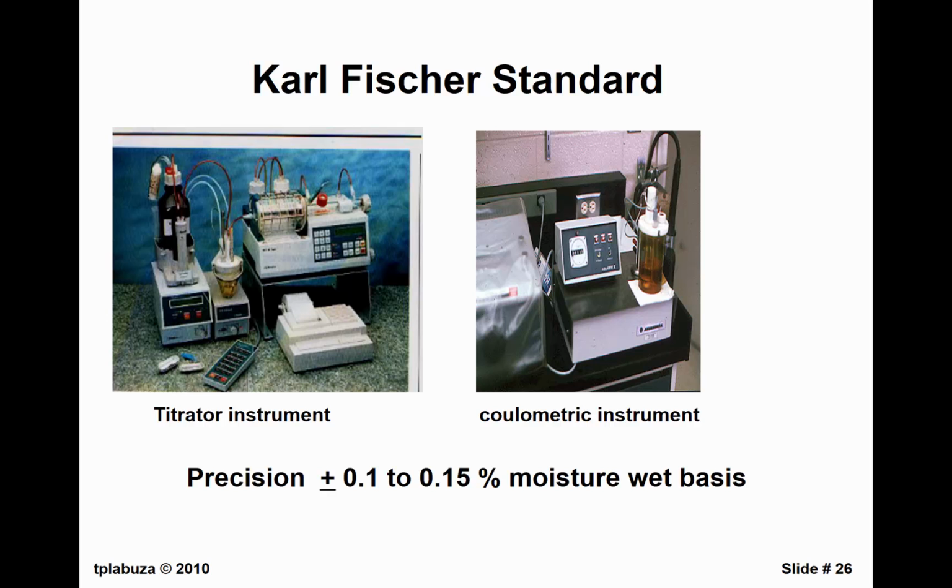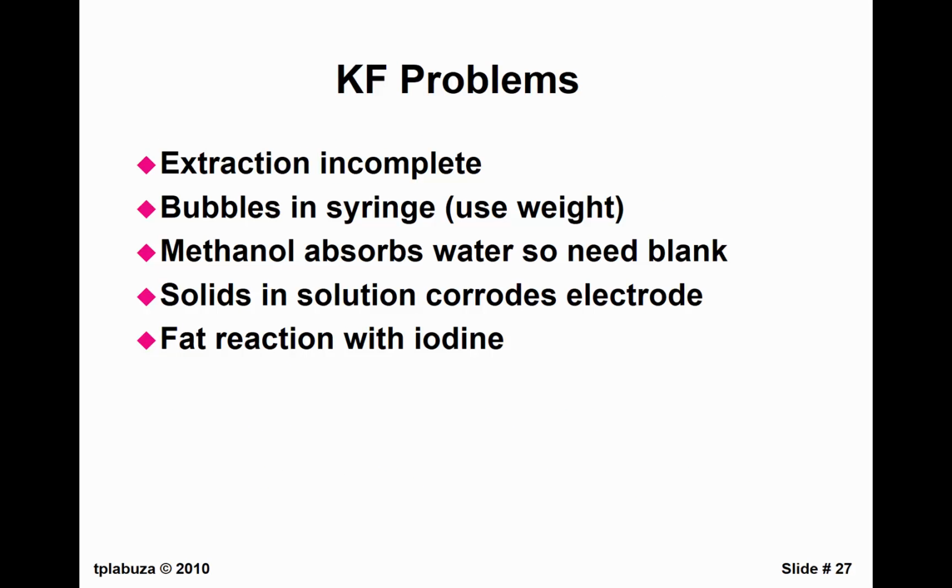And so the iodine disappears, and that's what you're trying to measure with the coulometric method or the titration method. Now you have fat acting as if it was water to remove the iodine. So that's not good.